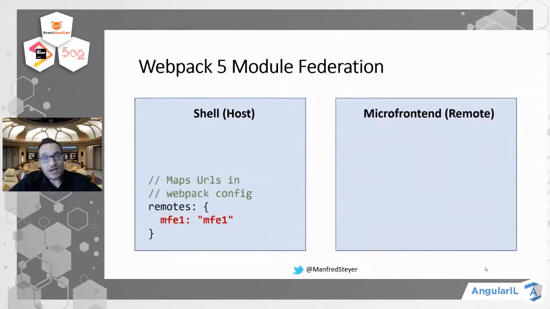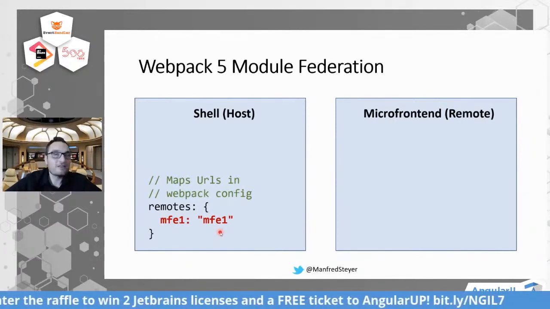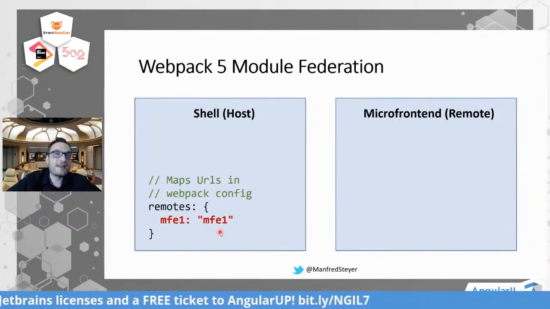And then within the shell, I can use the Webpack configuration to map a route. I can say, hey, Webpack, you know, MFE1, which stands for micro frontend 1. Yes, I know, very creative. MFE1 is not something that points to our own project. It points to another project. And over there in this other project, it is also called MFE1. That means here I could create an alias.